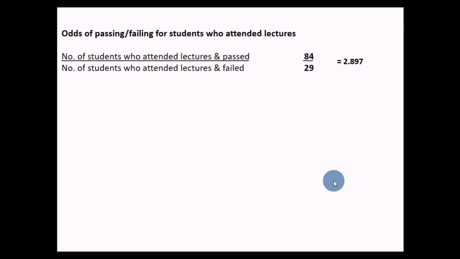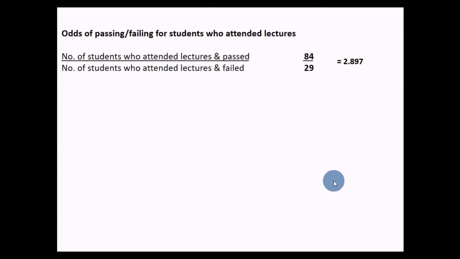And we calculate this, first of all, by taking the odds of passing or failing for students who attended lectures. 84 students attended lectures and passed versus 29 students who attended lectures but failed. You can calculate the odds from this, 84 divided by 29, which gives us a figure of 2.897.